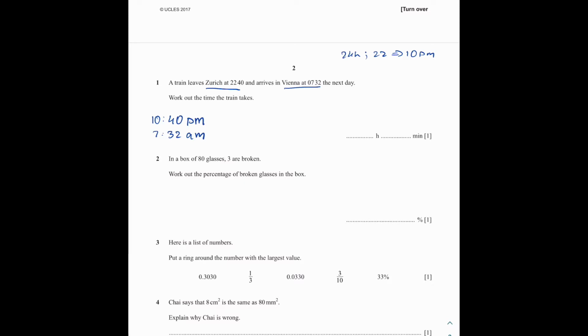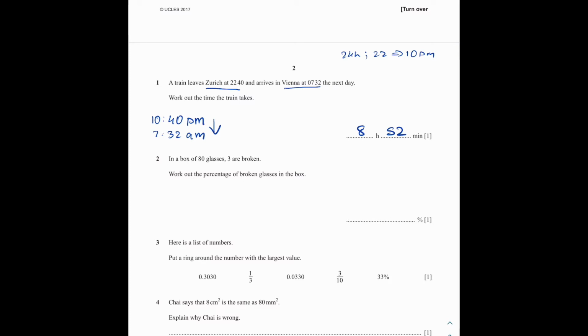You can just calculate it by hand. It's pretty self-explanatory. Just calculate it out.